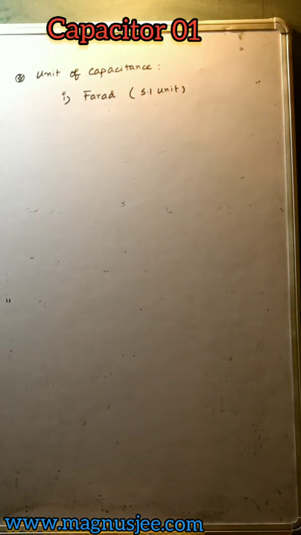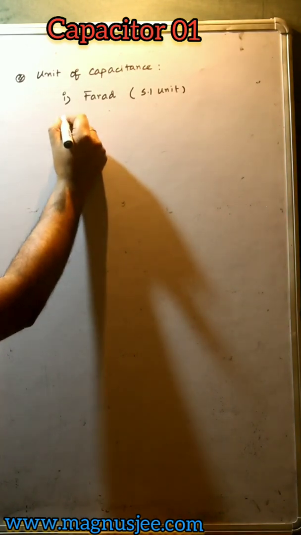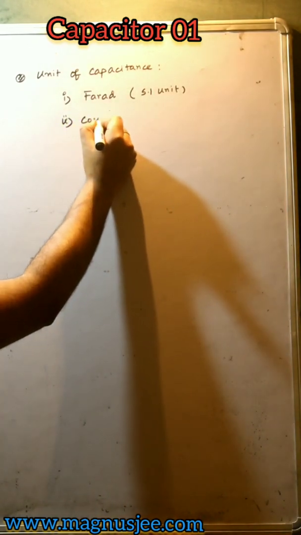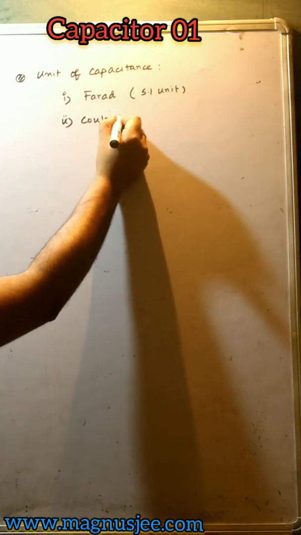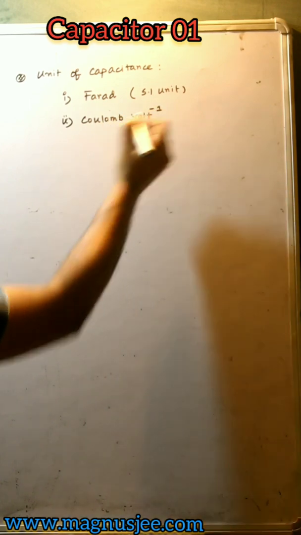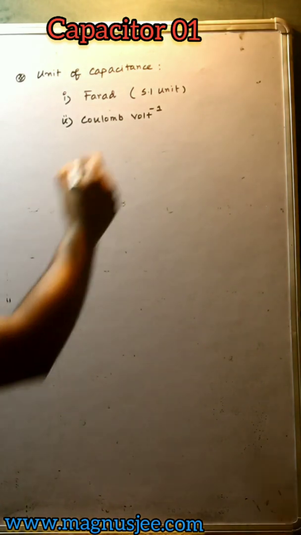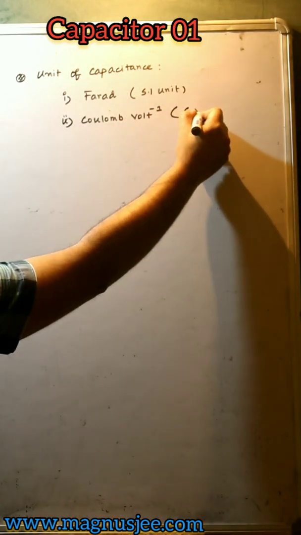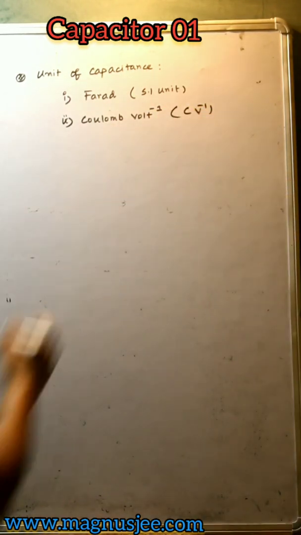Another unit is coulomb per volt, coulomb volt inverse, that is C V inverse.